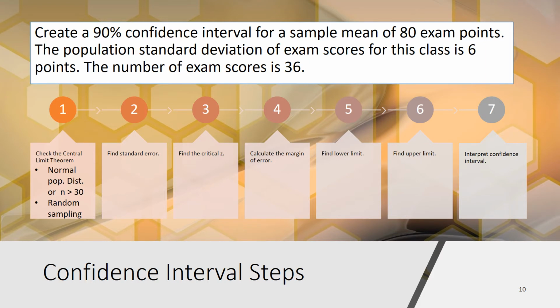Okay, so the first step is to check the central limit theorem, or we cannot use the standard error that we had. You can't use that formula from the central limit theorem if it's not true. So you need to either have a normal population or a sample size of 30 or more, or you could have both listed in the problem.